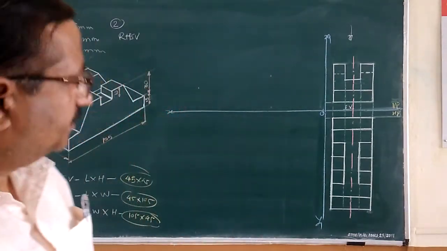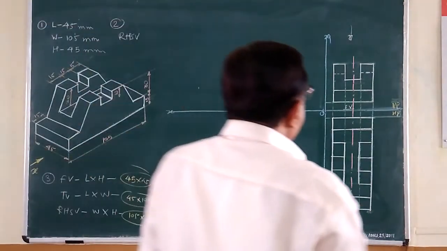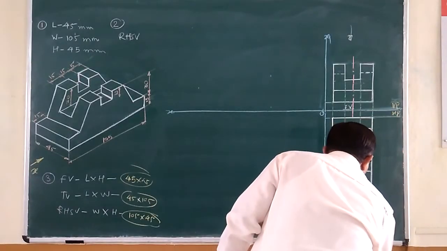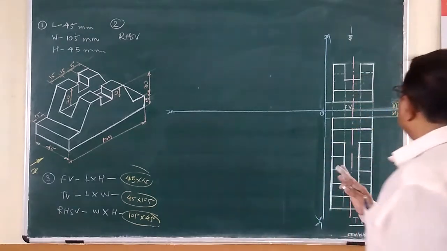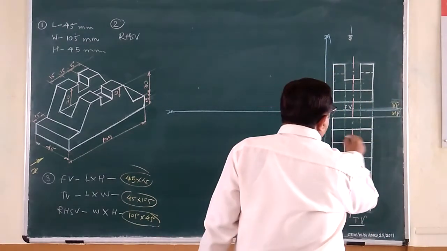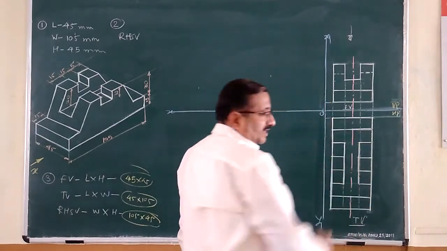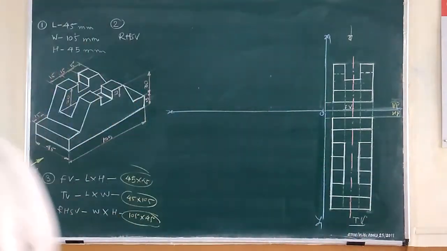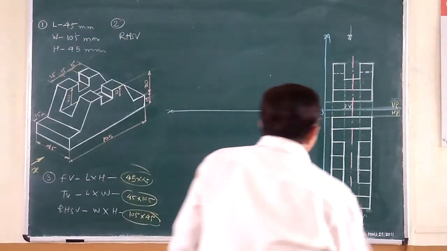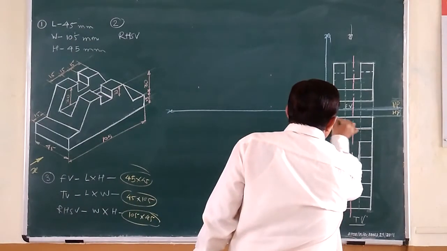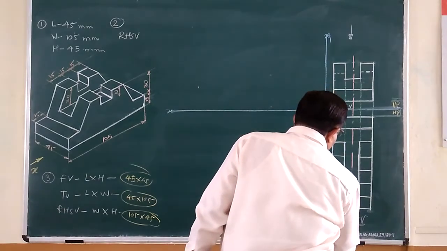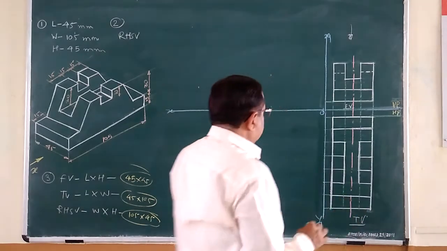So the front view and top view are partially done, that is, the top view is 80% finished here. What is left over is the side view, which first of all we have to complete. Then only we will be able to get the exact slot width there. So now what do I have to do? Just stretch all the positions from all the steps up to the VRL, in this way, from the top view up to the VRL.